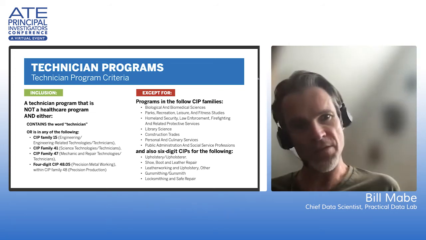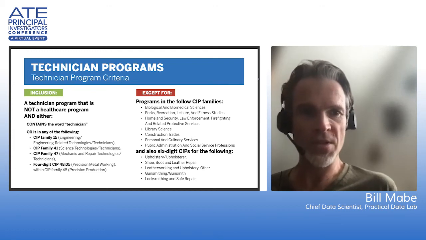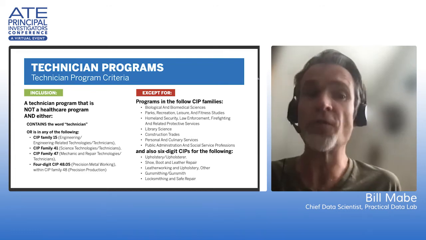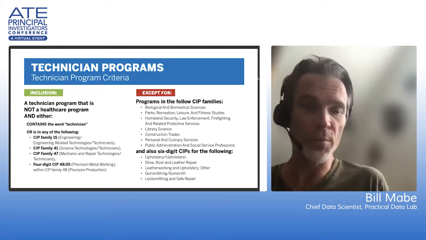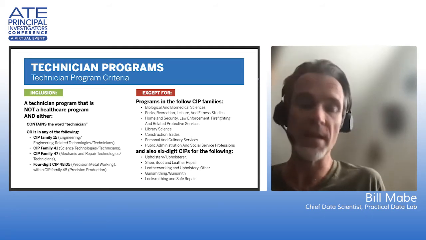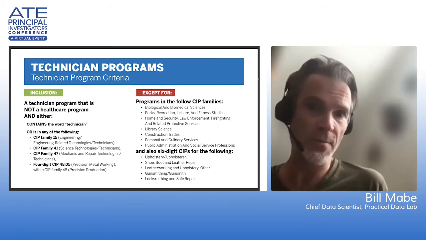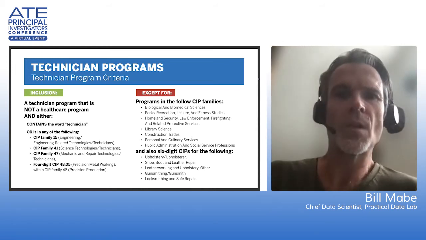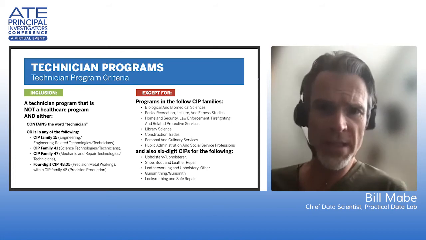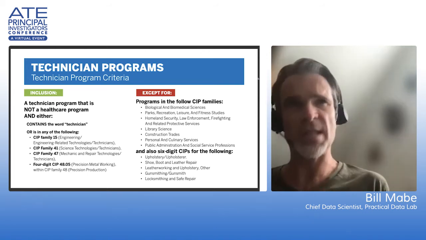So we take all of the 6-digit level CIP codes and roll them up to the 4-digit level. There may be multiple lower level programs rolled up to a mid-level program at the 4-digit level, so that we have enough data to show results. We did exclude some CIP families because they were more focused on academic preparation or did not seem to be as relevant to the typical ATE grant.